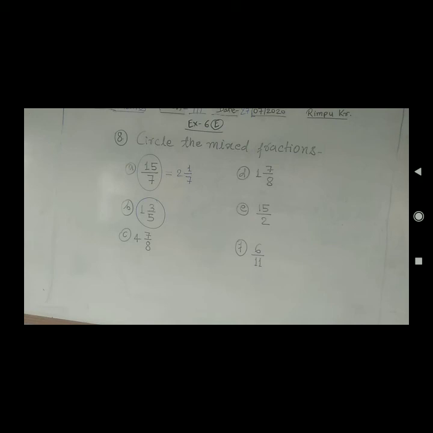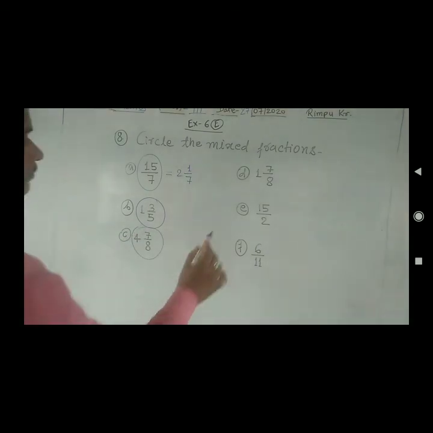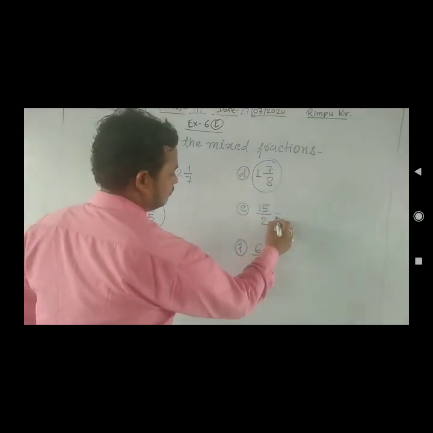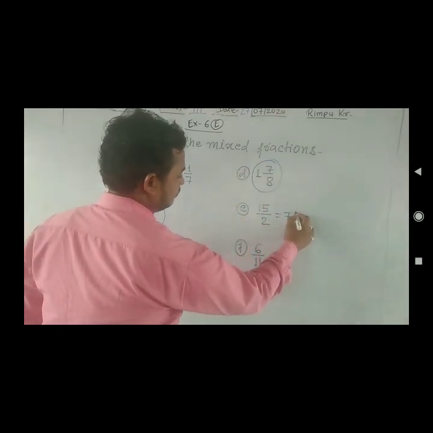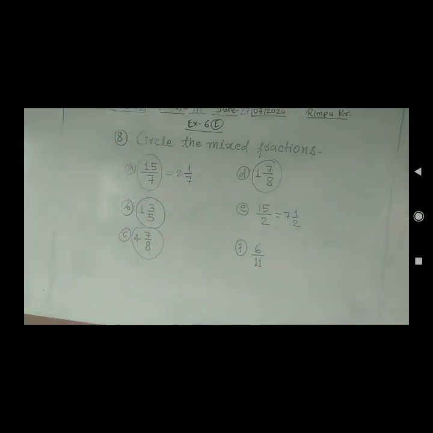According to the question, you have to just circle it. Guys, in question number D, you can also see here is 1 whole 7 by 8. That means its value is obviously more than 1, that means it is in the form of a mixed fraction. So I just circle it.